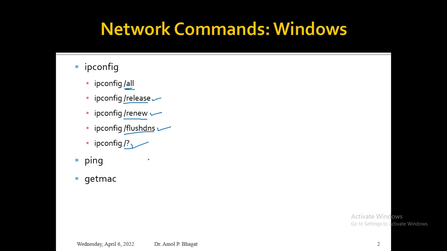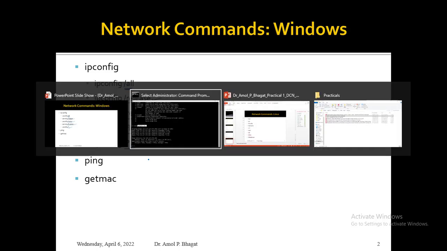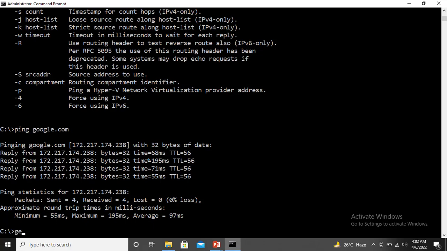Some administrators will use the unique MAC addresses of devices to limit what can and cannot connect to a network, right? For example, you can directly execute this getmac command in the command prompt.